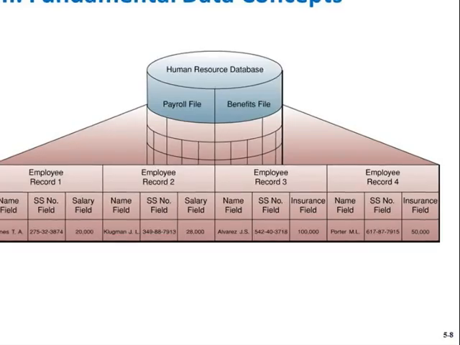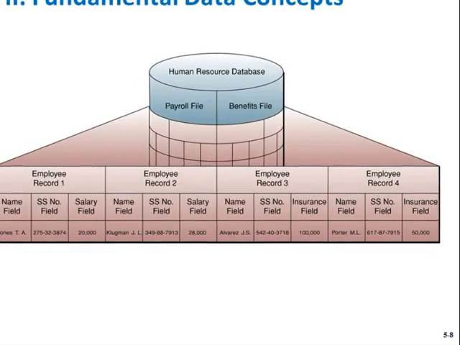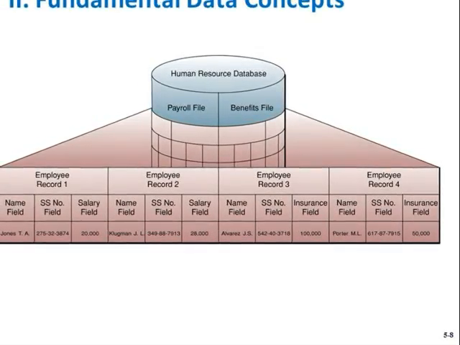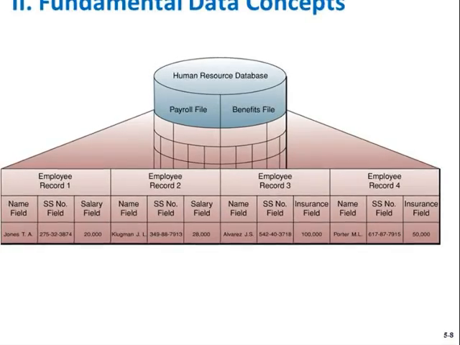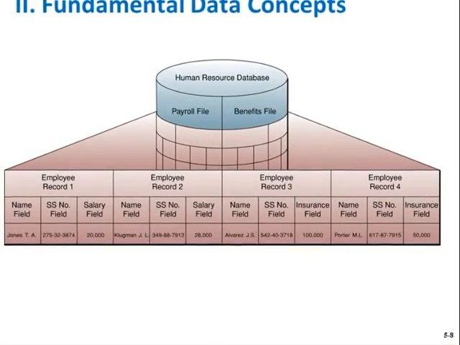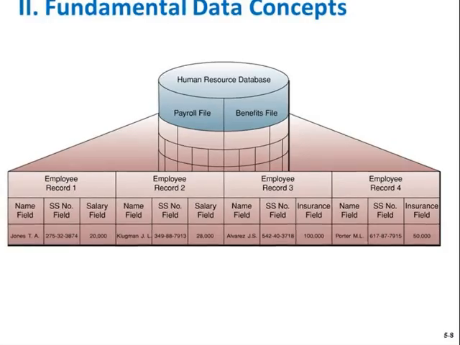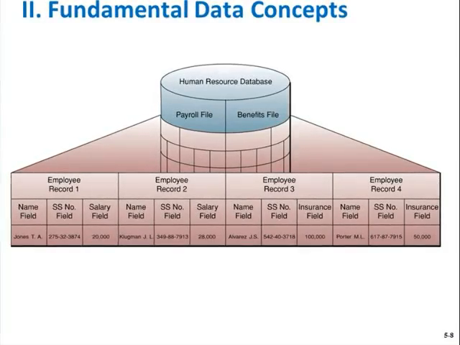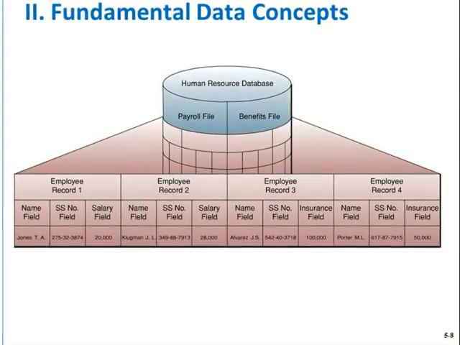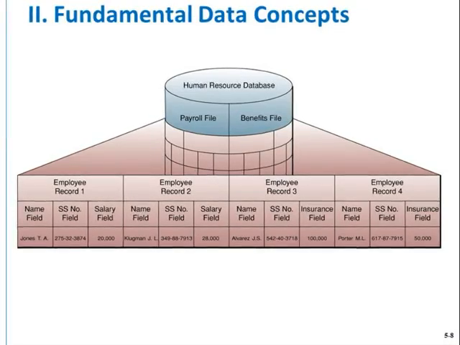If you had to identify what is the unique field within each one of those records, you could easily identify that the Social Security number field is the most unique field within that record, within that file within that database.